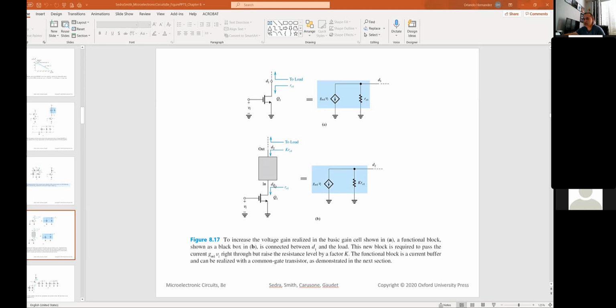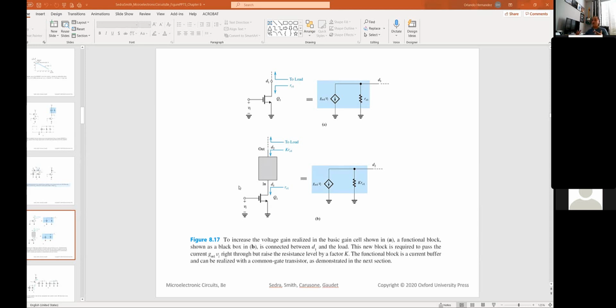The current here that is given by the GM of transistor Q1 times VGS, which is the input voltage into the gate, okay? So we want to pass that current right through, but also raise the resistance level so that the parallel combination of output resistances eventually doesn't get diminished.